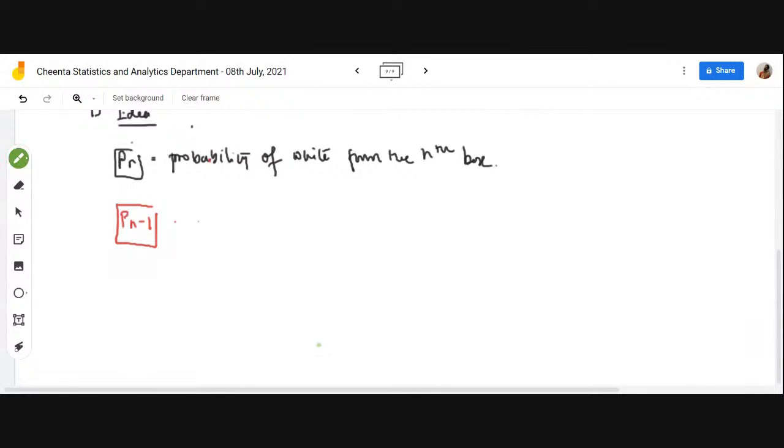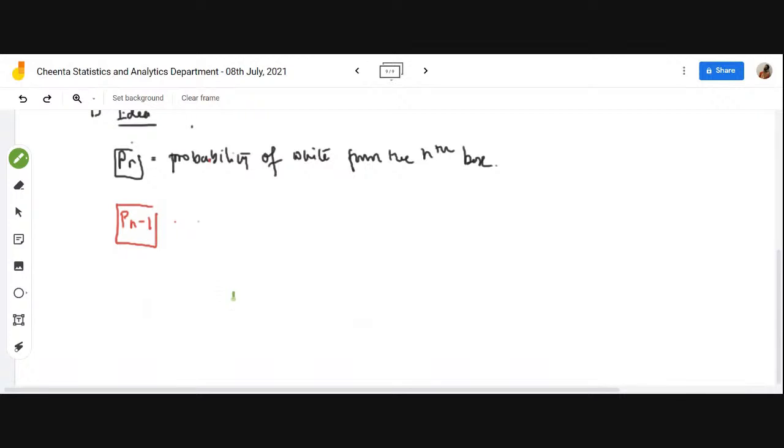When we know the Pn minus 1 value, at that point of time, let's say Pn minus 1 is the probability of being white, and there are A plus B plus 1 balls. Now a ball is taken and added to the next box, so it can take two cases.